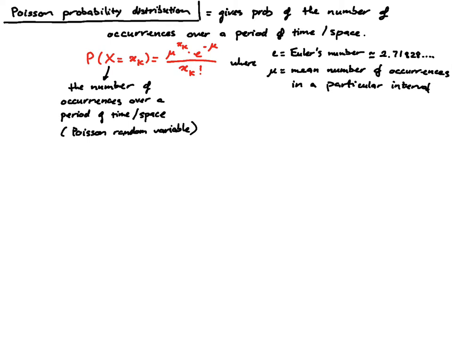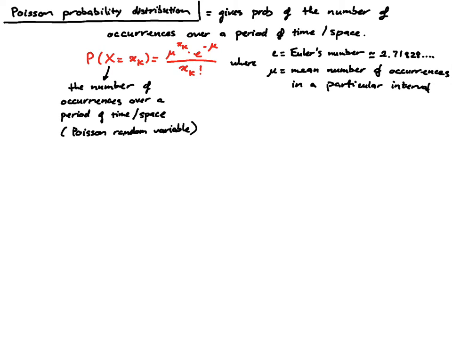The idea behind this formula is that given the mean number of occurrences, we can calculate the probability that we have 0 occurrences, 1 occurrence, 2 occurrences, 3 occurrences, and so on and so forth.